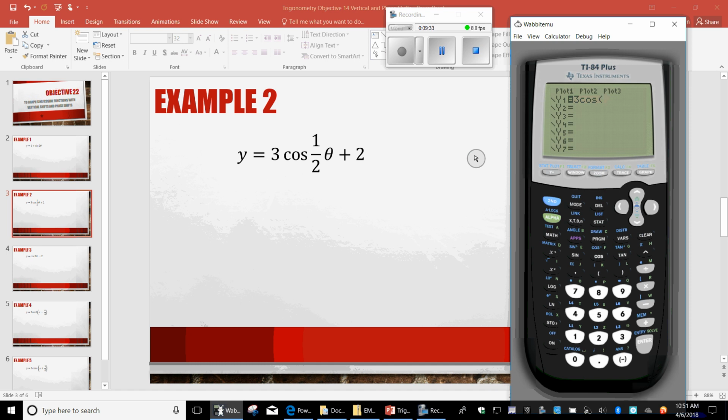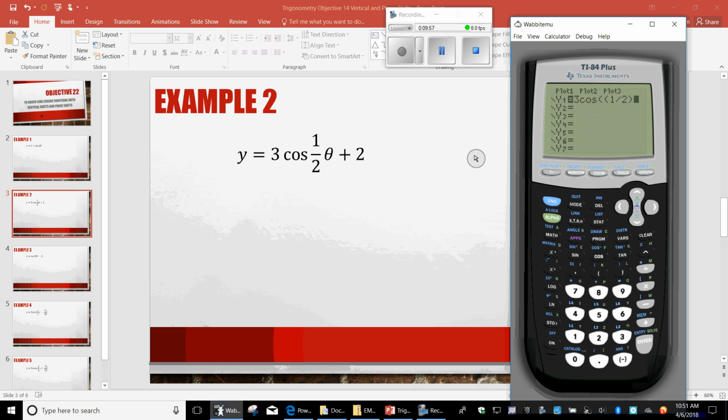You need to make sure that's to go around the 1/2 theta, or the 1/2 x. But because it's 1/2, you got to throw an extra parenthesis, okay? If it was a whole number, you could just put 2x. Just 1 set of parentheses. The only reason I have to do an extra parentheses is because it's a fraction, okay? So 1 divided by 2, you got to protect that fraction, so you got to close that.